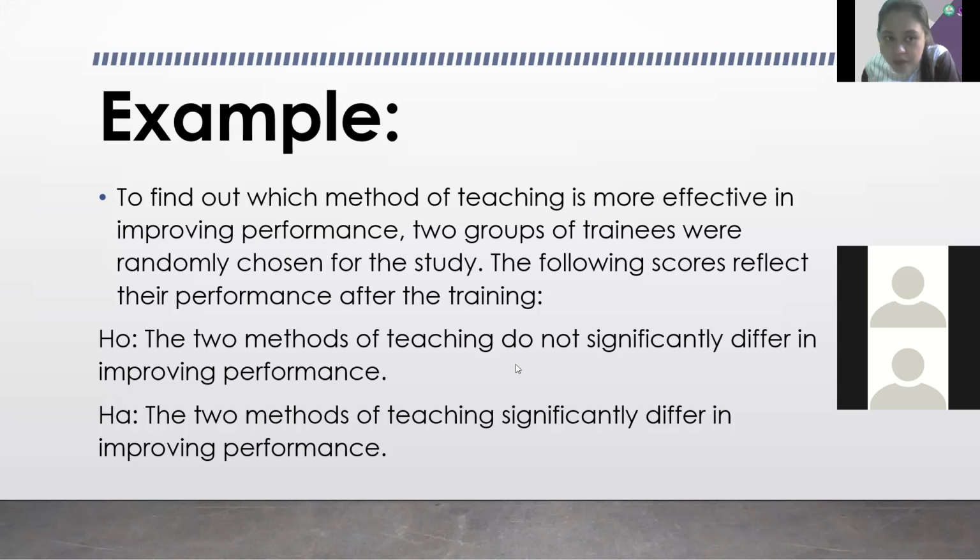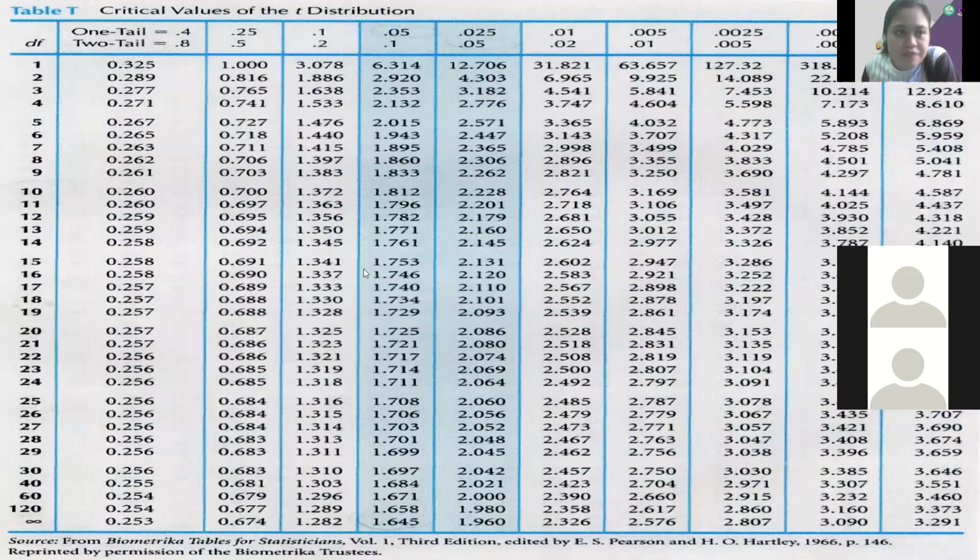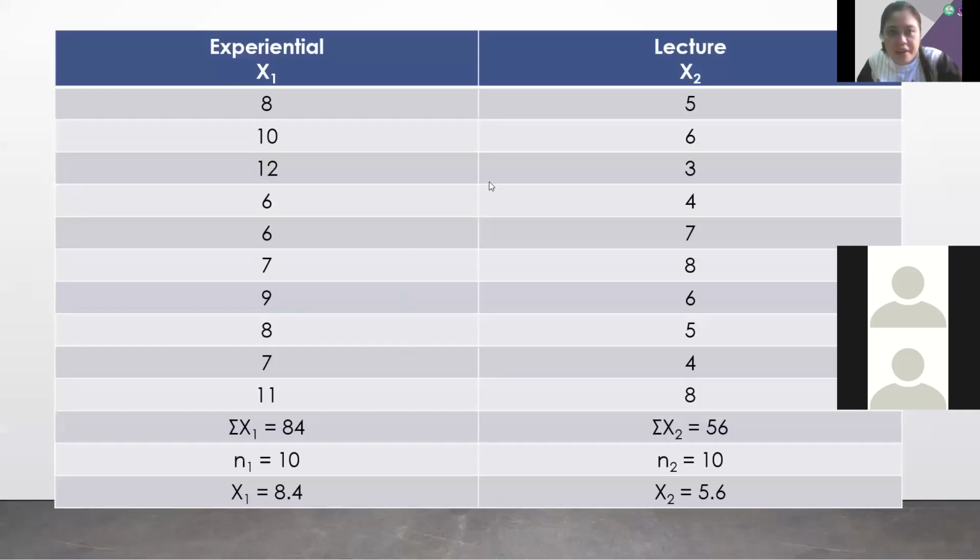There is no direction, right? No method of teaching is favored. Actually, the methods aren't even named there, but it is experiential teaching and lecture teaching. And these are the scores: 8, 10, 12, 6, 6, 10, so 10 scores. This is the N1 here, and this is the N2 here. The table comes later.